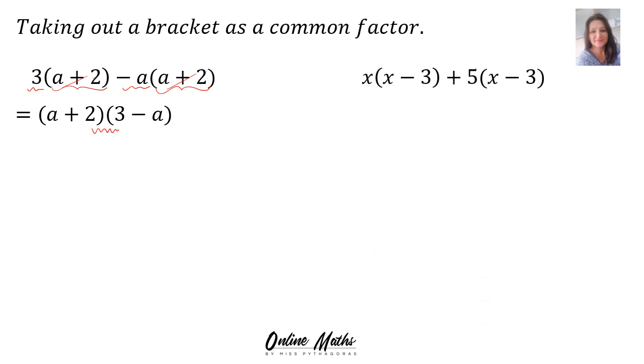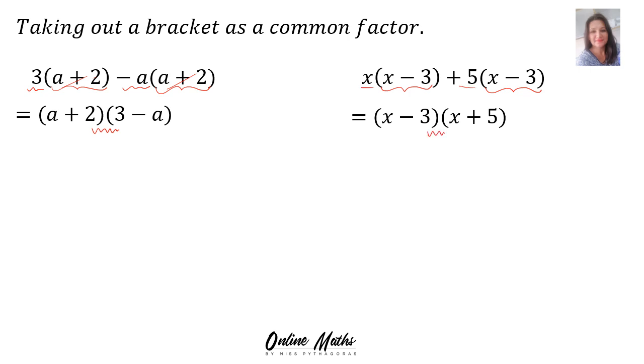Another one. When you factorize this, can you see x minus 3, x minus 3, the whole bracket repeats itself. Therefore, you can pull out x minus 3 as a common factor, and then what's left is inside its own bracket, x plus 5.